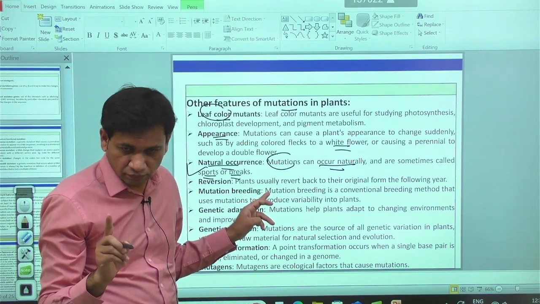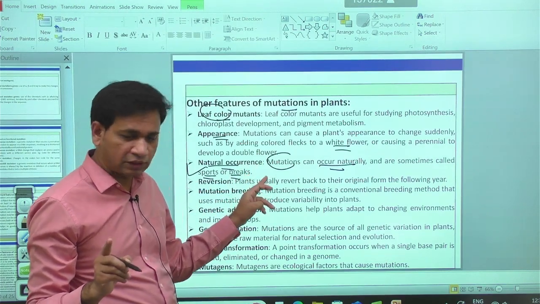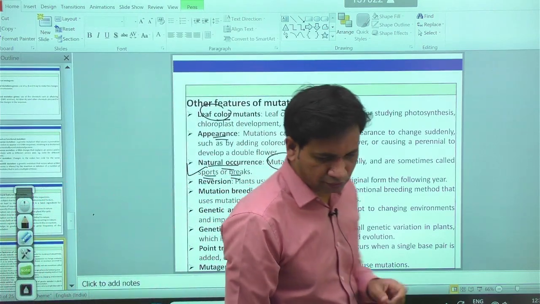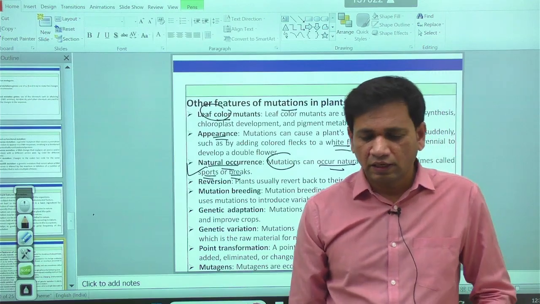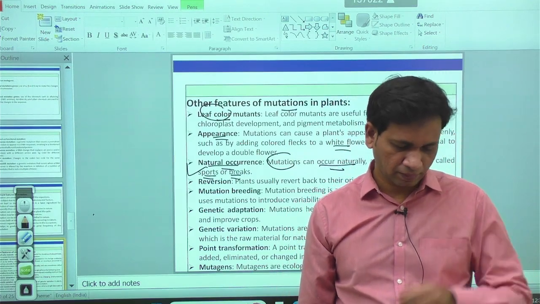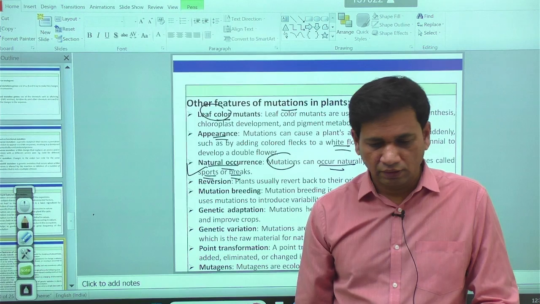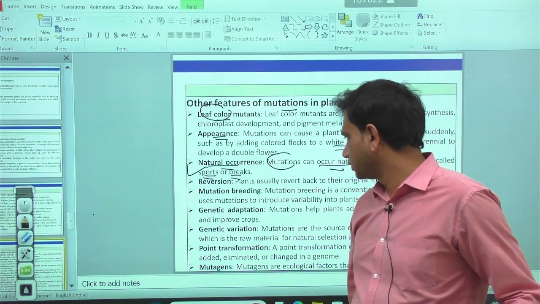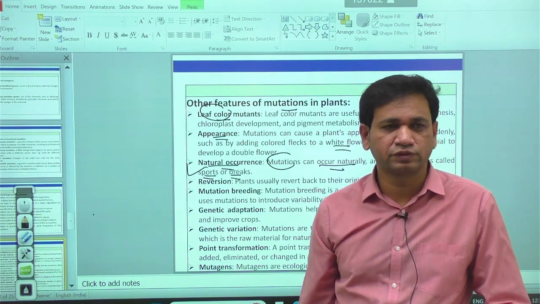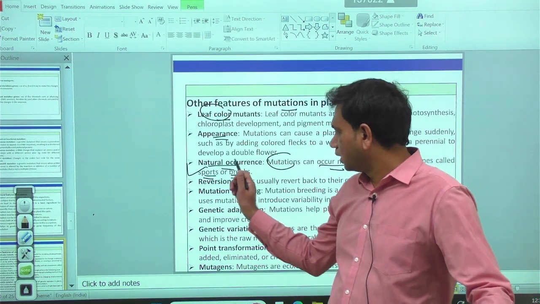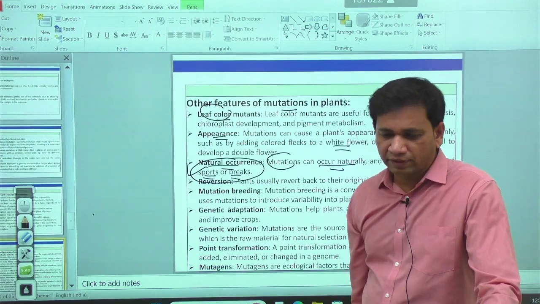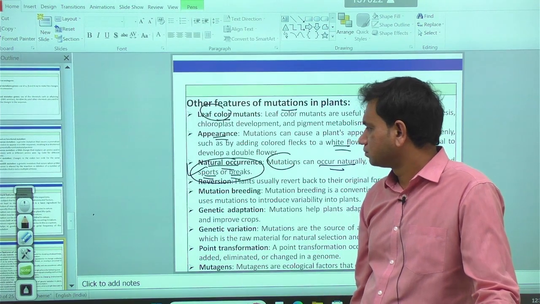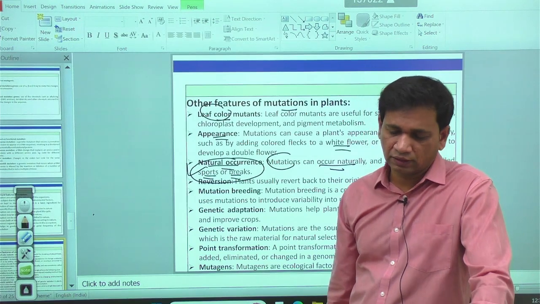You have to remember, naturally occurring mutation is also called sports mutation or Briggs mutation. You can write that down. That is one feature.